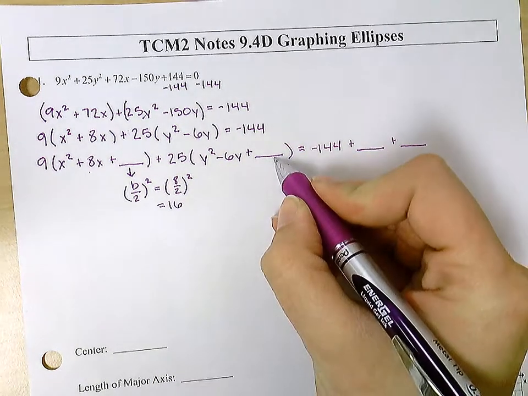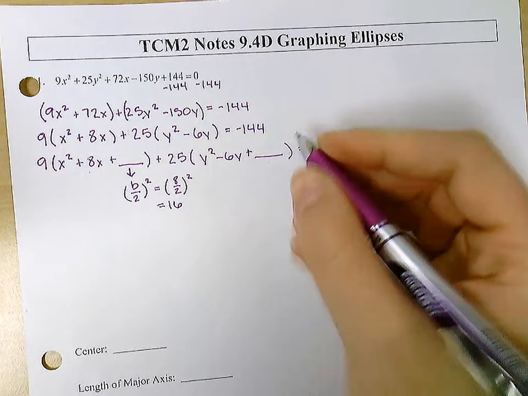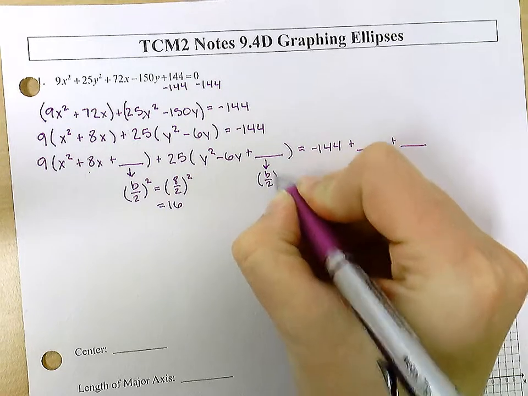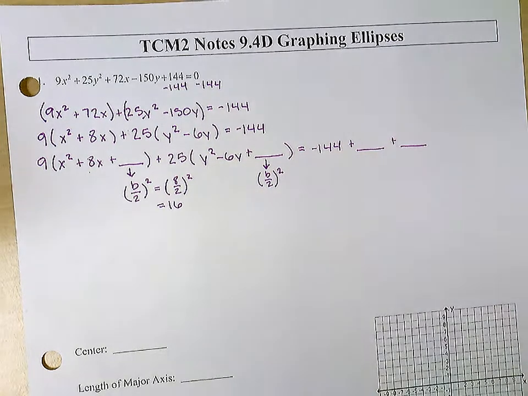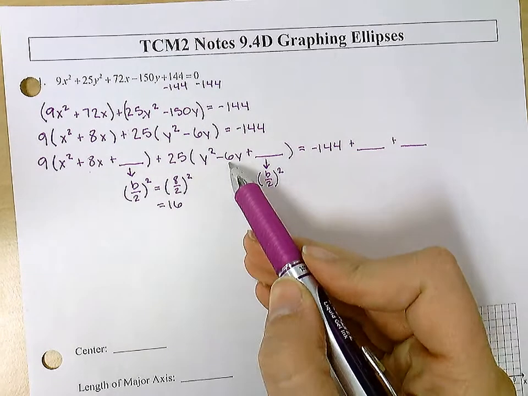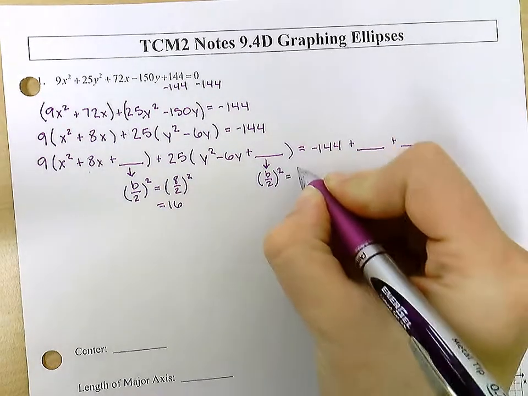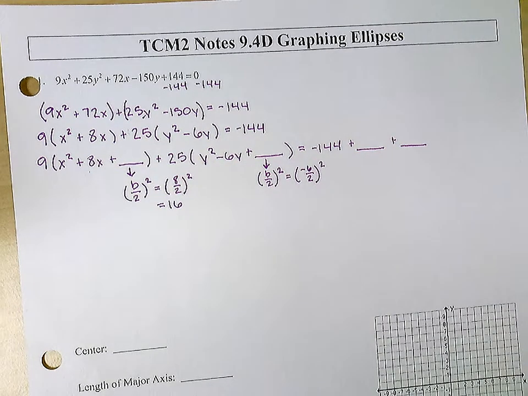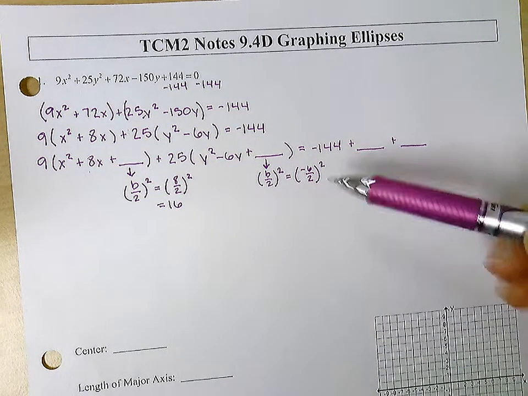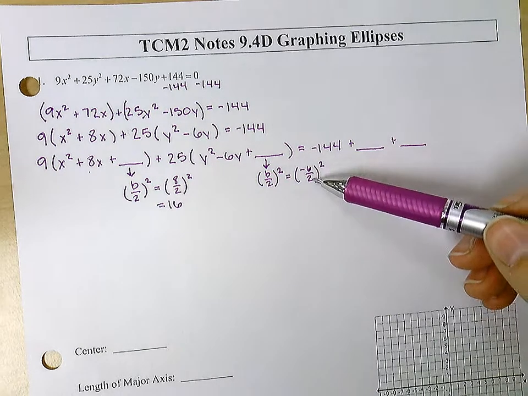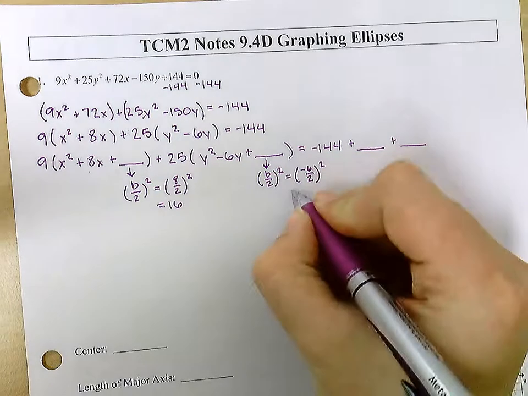Okay, same thing with that second value with your y's. We're taking b over 2 and squaring it. Your b value in this quantity is negative 6. So I have negative 6 over 2 squared. Negative 6 divided by 2 is negative 3. Negative 3 squared is 9.